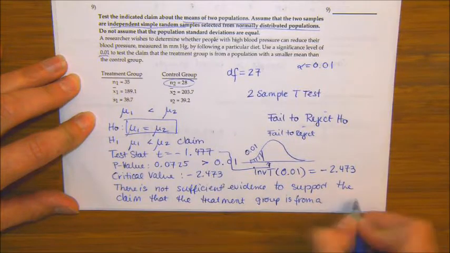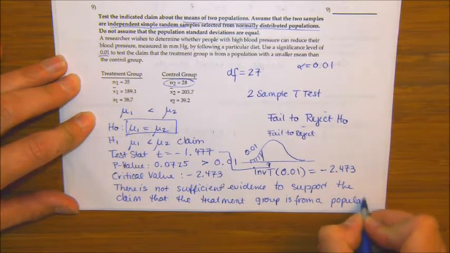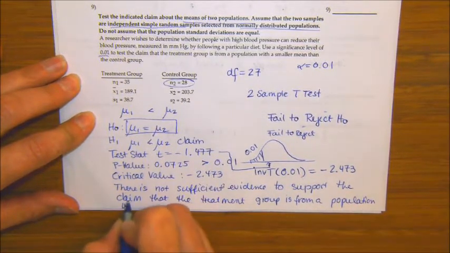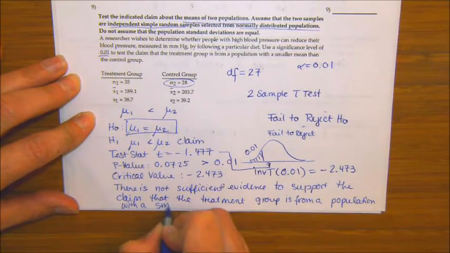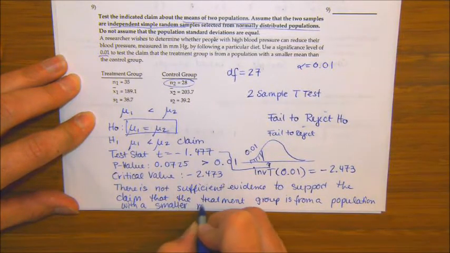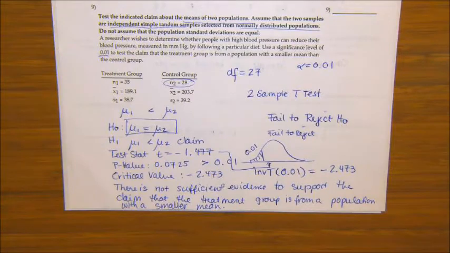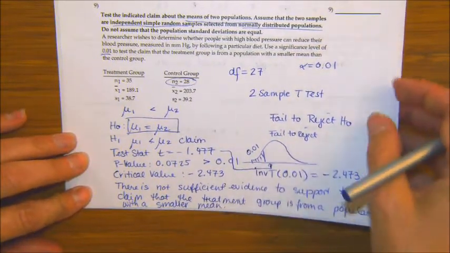From a population with a smaller mean. Okay, so there is your test, there is your conclusion, and then the final wording over here.